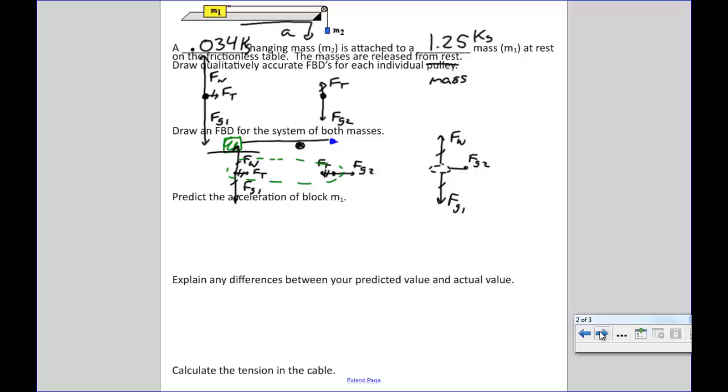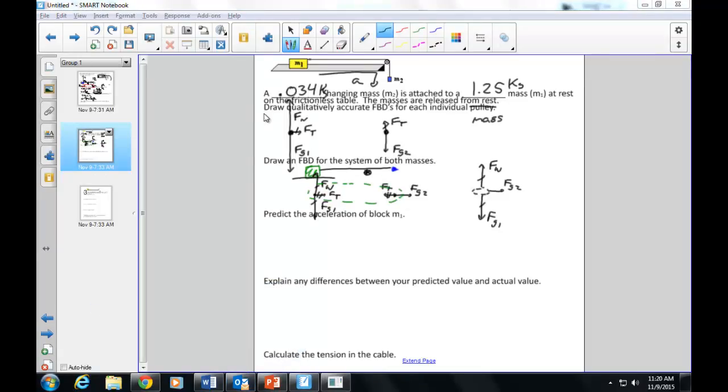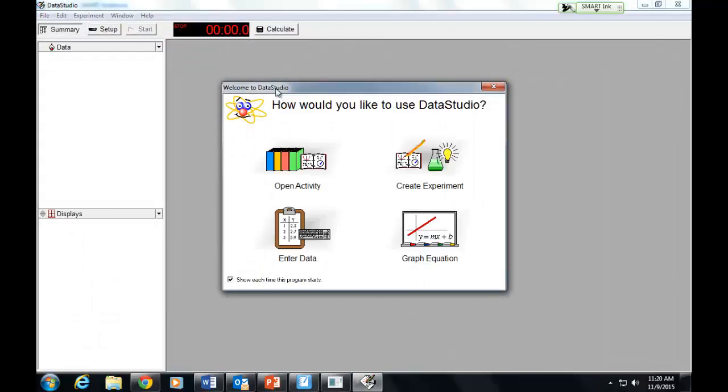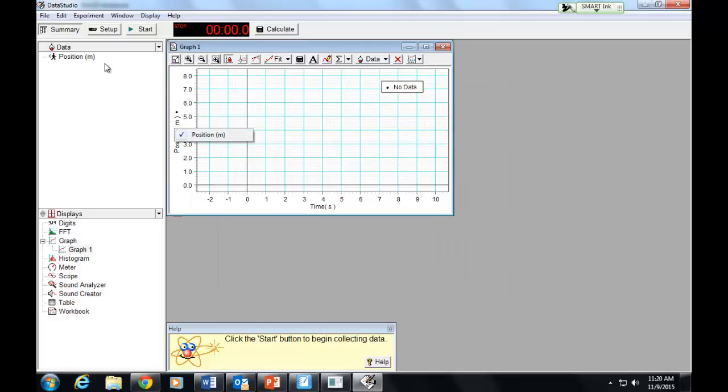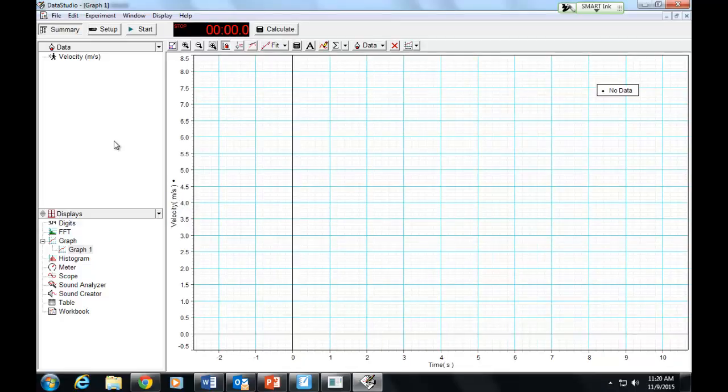Do we use 10 or 9? We'll use 10. It'll be close enough. We'll still call gravity 10.